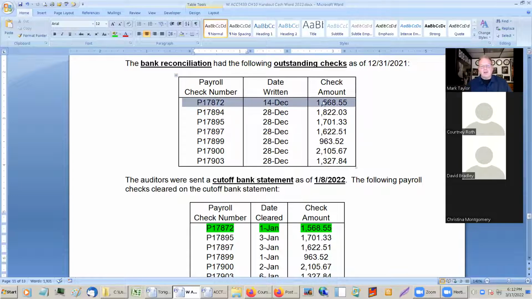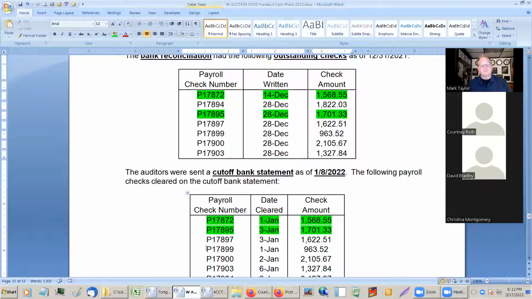And so this one did clear. All right, P17895. Okay, this one cleared also.